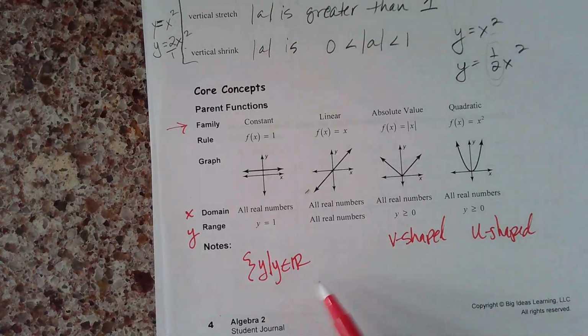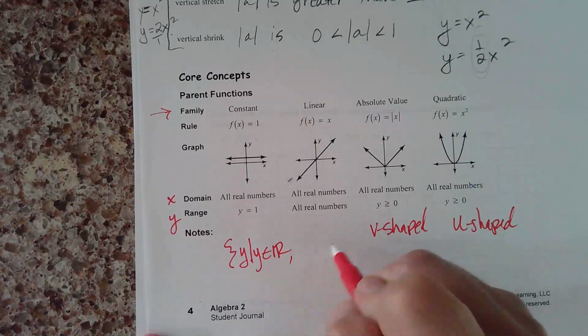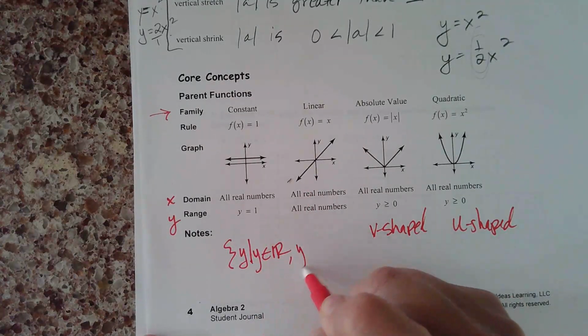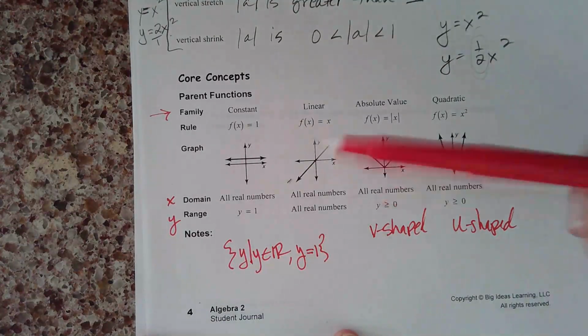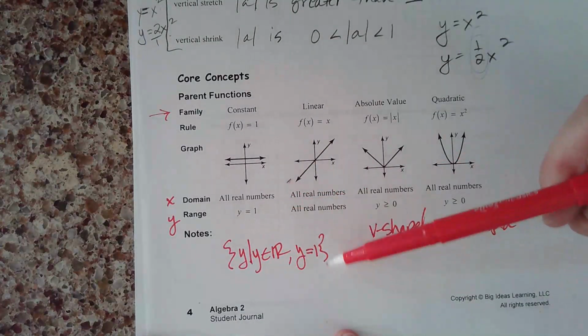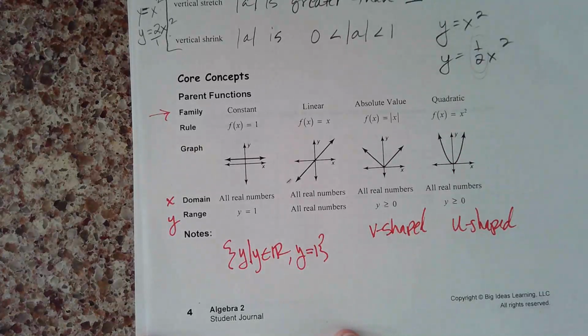So this is a fancier, more mathematical way of saying all real numbers. And then since we only want it to be 1, we say y equals 1. And then we close the bracket. So this is the more mathy way of writing it, and we're going to be writing it like this a lot.